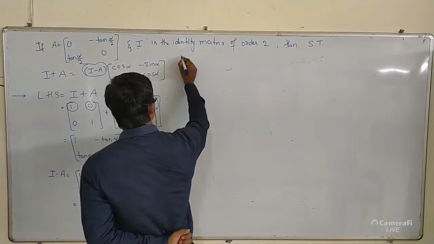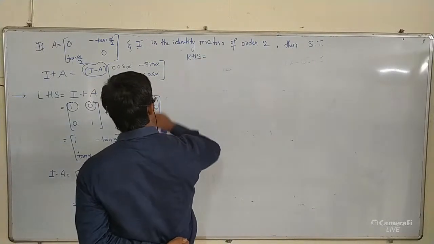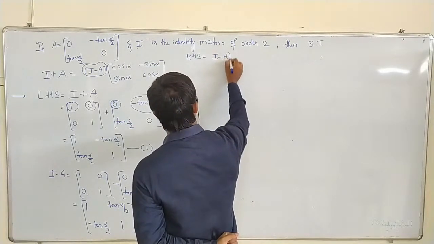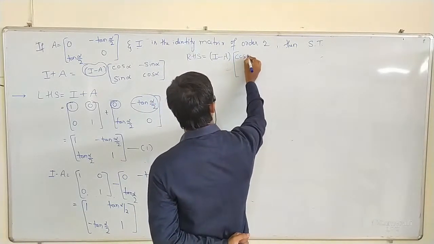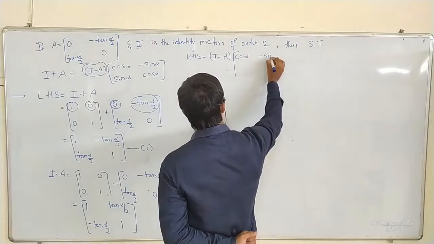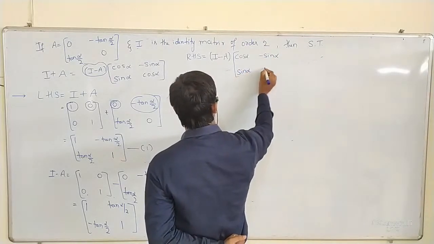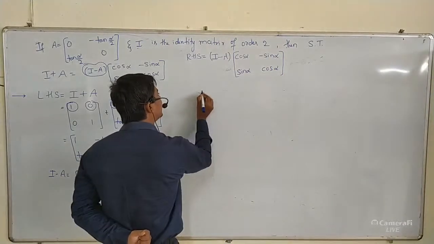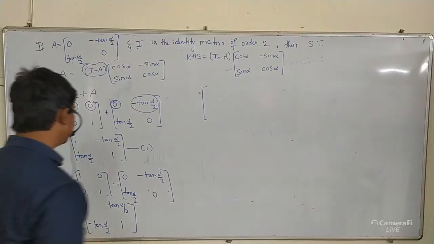Now I will take right hand side. So what is right hand side? I minus A into [cos alpha, minus sin alpha; sin alpha, cos alpha]. Already we have found out I minus A matrix, which I will use here now.